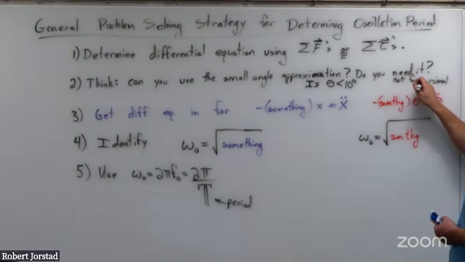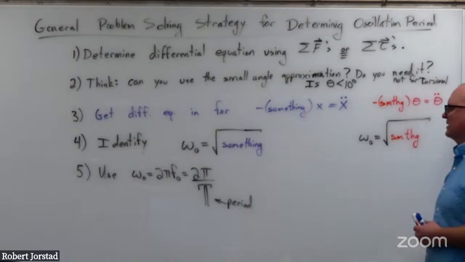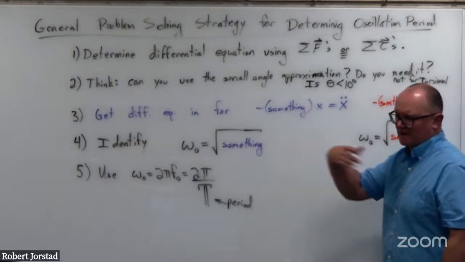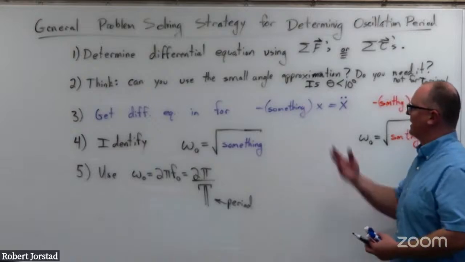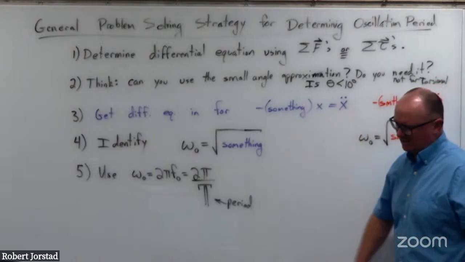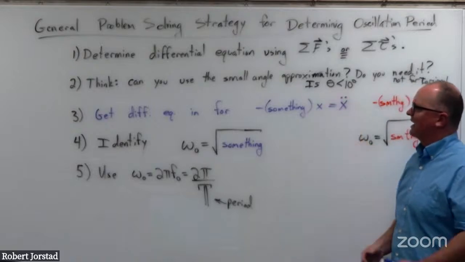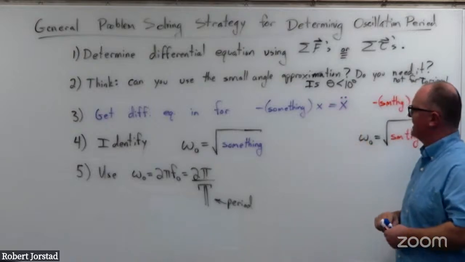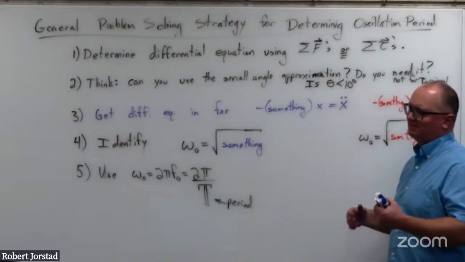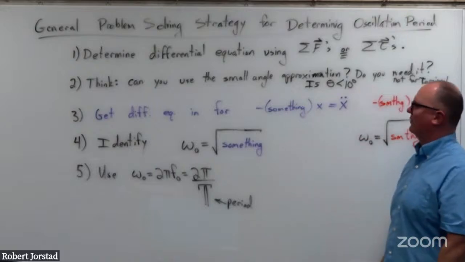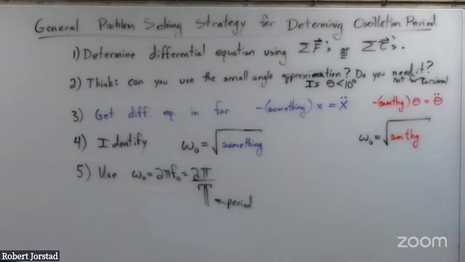I don't know if you realize this, but we never used the small angle approximation for that one. If you're dealing with a horizontal or vertical mass spring, there's no angle at all. But if you have a simple or physical pendulum, you might need to check: is our angle always going to be under 10 degrees? If you go up to 20, that's still fairly decent. I think somewhere around 40 degrees, the percent errors start to get large.